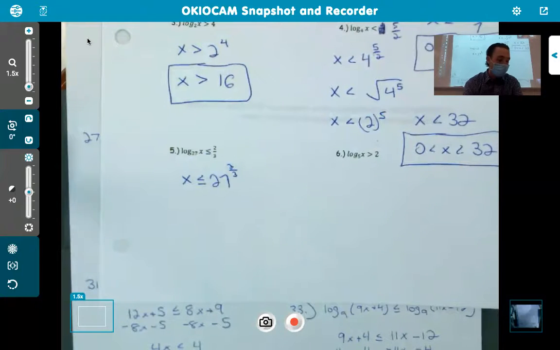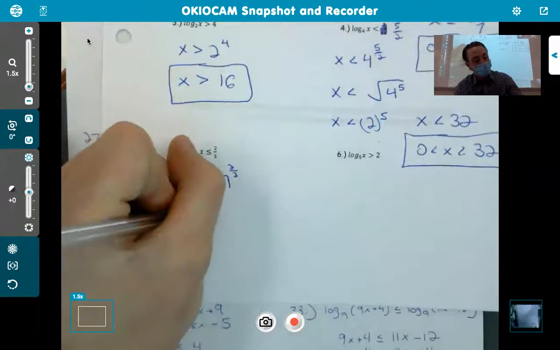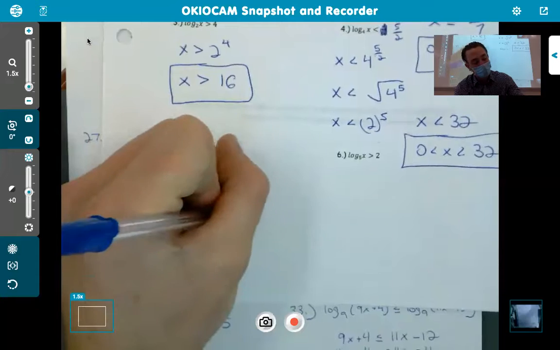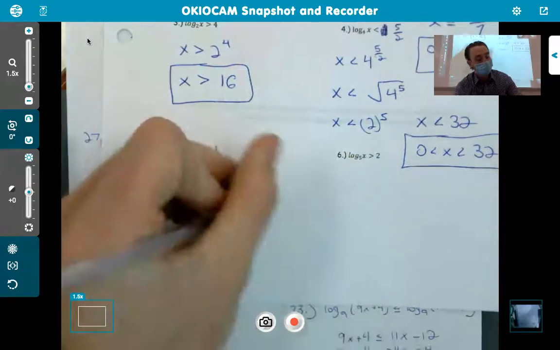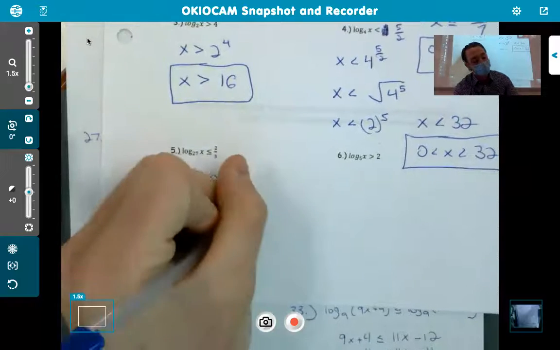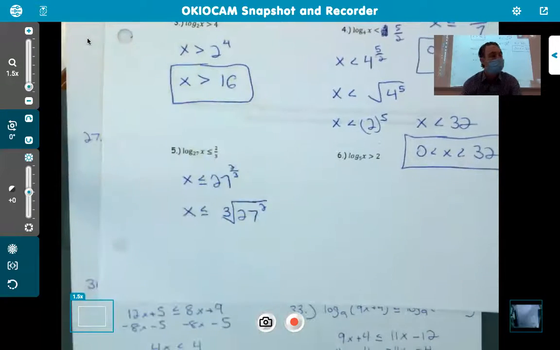Good. Same type of problem as the last one that we just did. What root am I taking of 27? Or what number goes on the outside as my index? 3. What's my power? Well, the only one that's left over, right? 2.